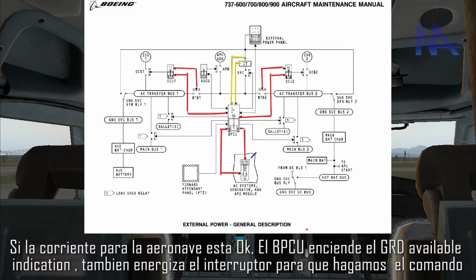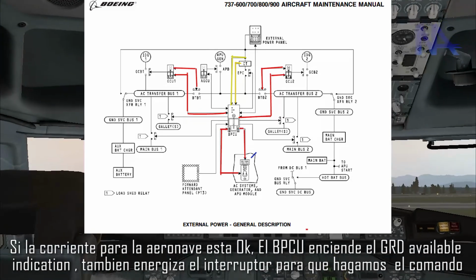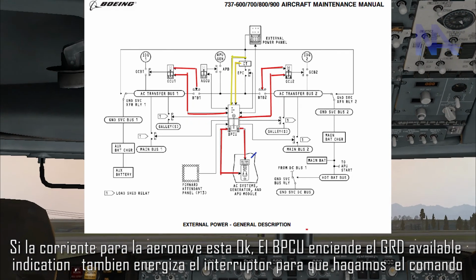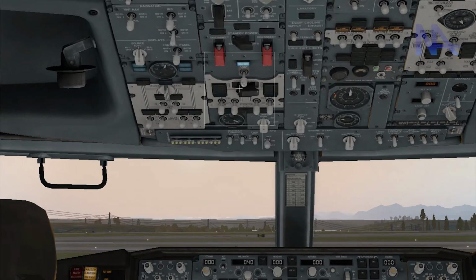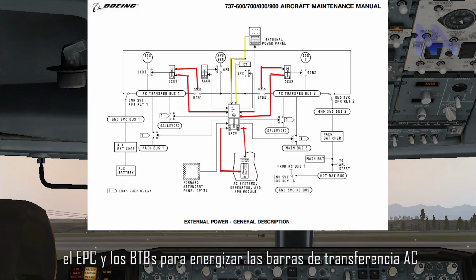If the current for the aircraft is okay, the BPCU turns on the GRD power available indication. Also, it energizes the switch so that we make the manual command to close the EPC and the BTBs to power the AC transfer buses.